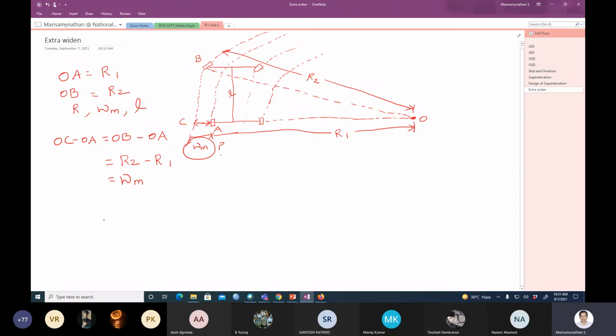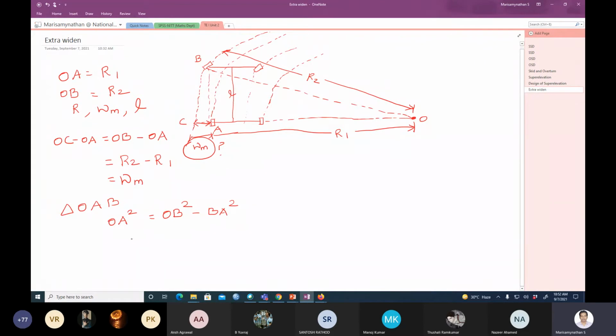So we consider the triangle O, A and B. Everybody knows that OA squared is equal to OB squared minus BA squared. I'm not going into much detail about the mathematical part because it is very simple, you might have studied it from school onwards. It is a right angle triangle.